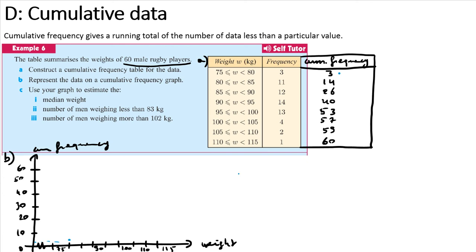And we have 0 rugby players who have a weight lower than 75. So we start from 0, and here it's 3. And then here we say that we have 14 rugby players who have a weight less than 85. So 14 for 85. Here is 80, 85. 14 is somewhere here.